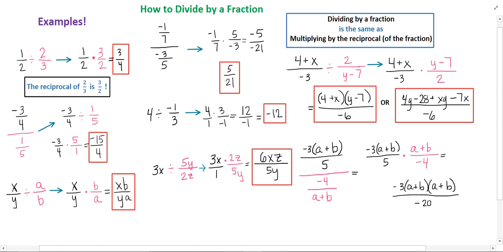Now on the top, again, we have two binomials, so we could use the FOIL method to show the expanded answer, or we could also say that that's the same as negative 3 times a plus b squared, because a plus b times a plus b is a plus b squared. So negative 3 a plus b squared over negative 20. And that would be a great way to show the answer.